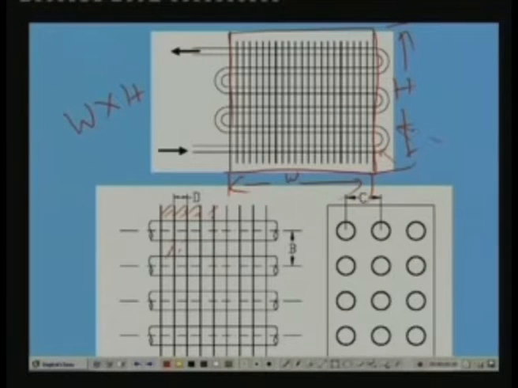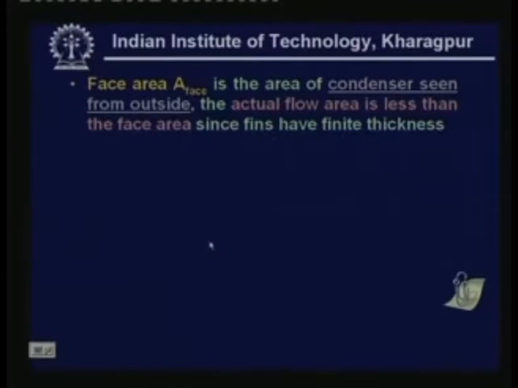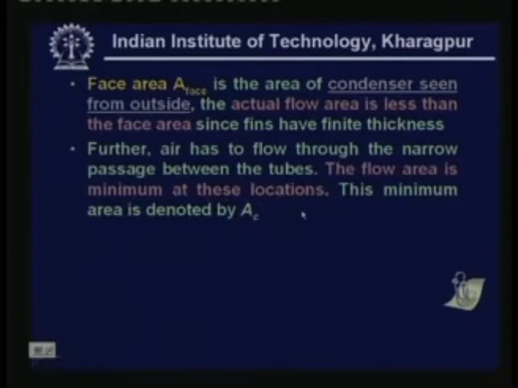So, this area minus the area occupied by the fins minus the area occupied by the tubes is what is available for the flow of the air. So, the actual flow area is less than the face area since fins have finite thickness, as I have already explained. Further, air has to flow through the narrow passages between the tubes, and the flow area is minimum at these locations, and this minimum area is denoted by A subscript C.